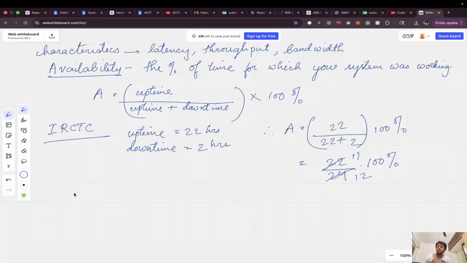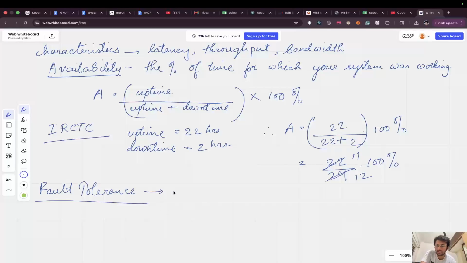Now there is one more term for this, which is called fault tolerance. Very similar to availability, but not exactly the same.